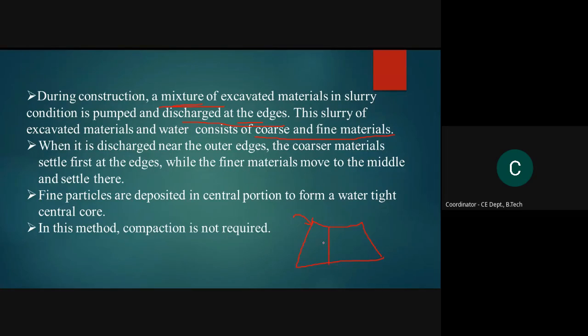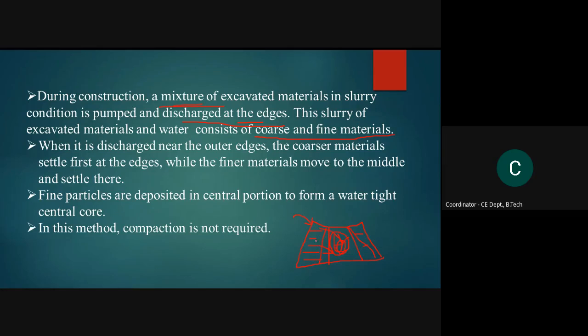So the coarser material settles first and the finer material comes and gets deposited mostly in the middle part. The fine particles are deposited in the central portion to form a water tight central core.